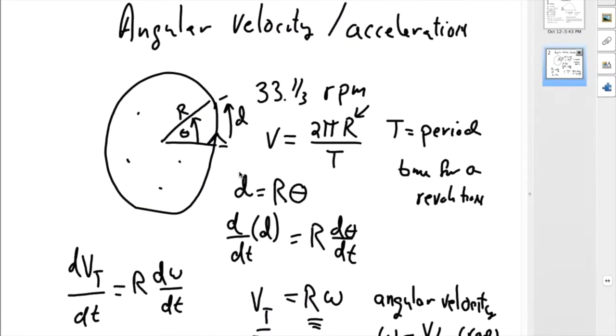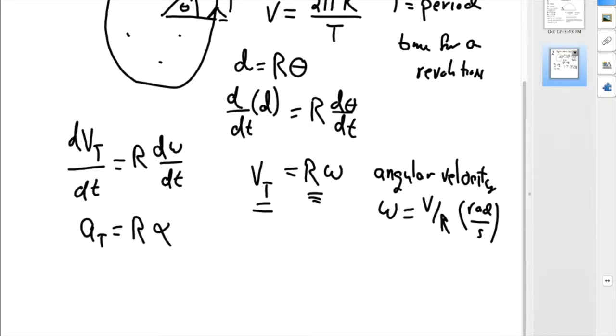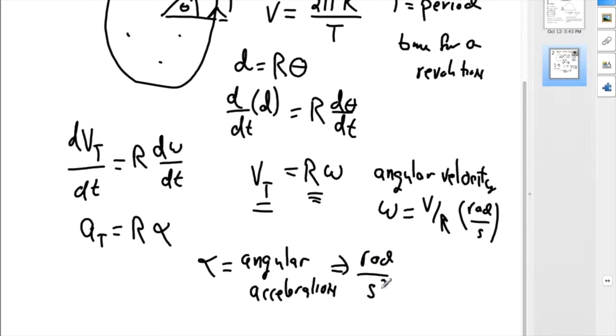Just as a reminder, in case it's not obvious, alpha is the angular acceleration, and that has units of radians per second squared.